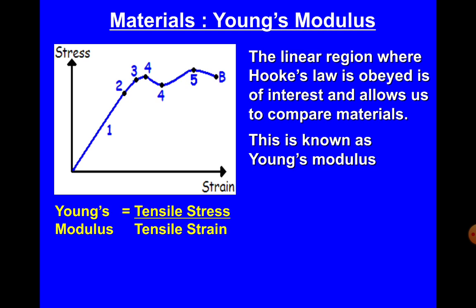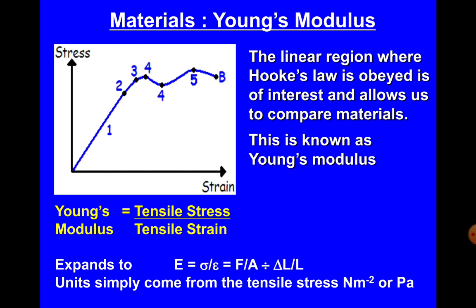So Young's modulus, big E, is sigma over epsilon. Stress is force over area, divided by strain, delta L over the original L. As delta L over L has no unit, the units come simply from the tensile stress, so that is in Newton per square meter or in Pascal.